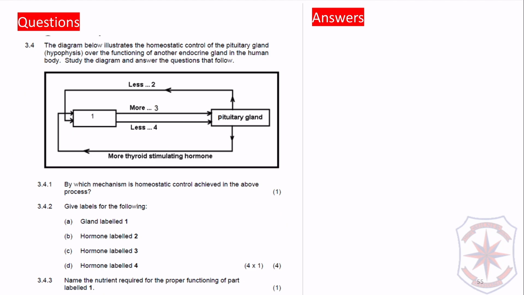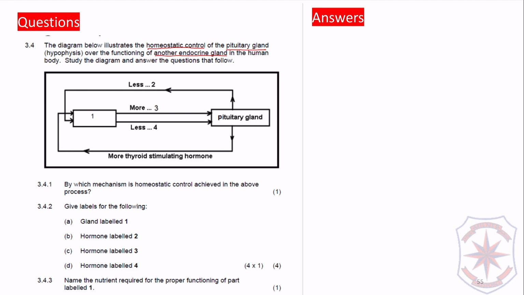The diagram below illustrates the homeostatic control of the pituitary gland or the hypophysis over the function of another endocrine gland in the human body. Study the diagram and answer the questions that follow. So this question is a bit more complicated visually.